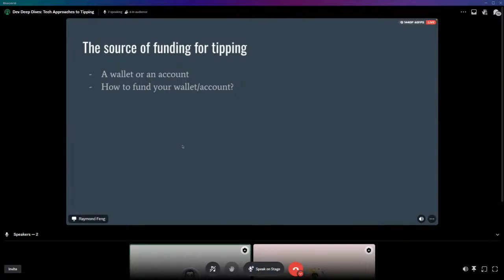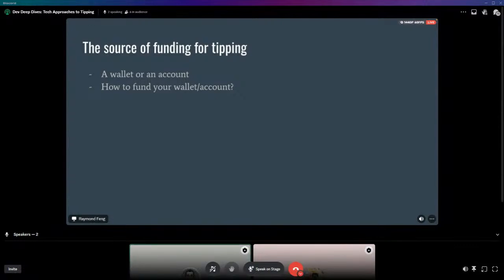But now think about party A and party B, you have a wallet or account, right? And how do you get the money into your account in the first place? Of course, if you have an EOA from MetaMask, then you can have your friends or family members transfer some assets into your address.